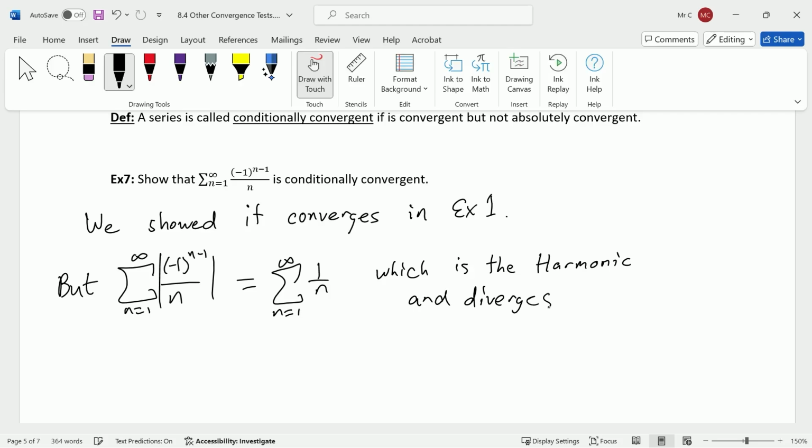So we've already showed that the series converges. And we've now shown that when we take the absolute value of its terms, it diverges, which again, we've shown in a previous section as well. And those are the only two things we need to show that the series is conditionally convergent.